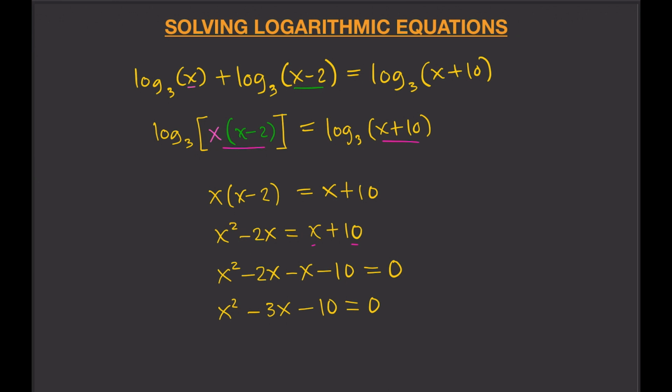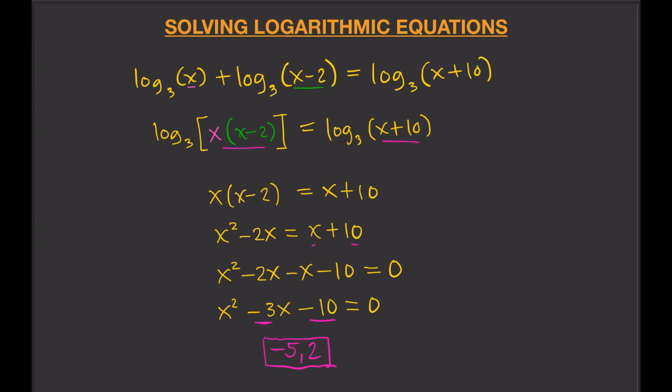Now, all that's left to do is to factor our quadratic equation. What are the factors of negative 10 that will give us a sum of negative 3? Well, that will be negative 5 and positive 2. If you multiply these two numbers, it will give you negative 10. If you add these two numbers, it will give you negative 3.